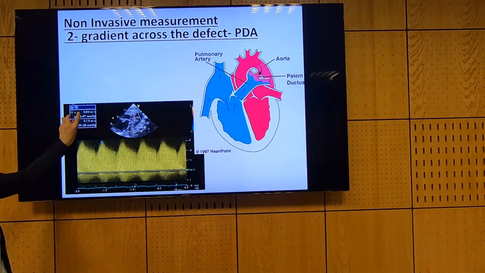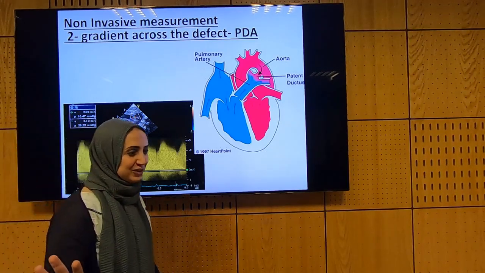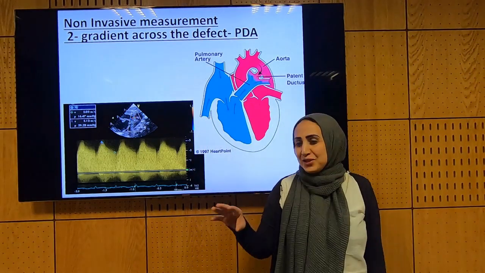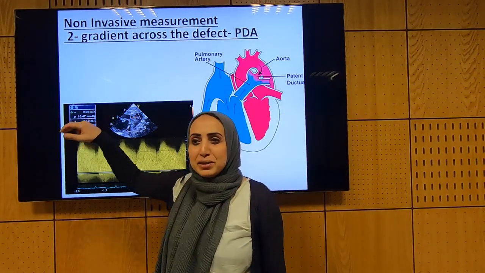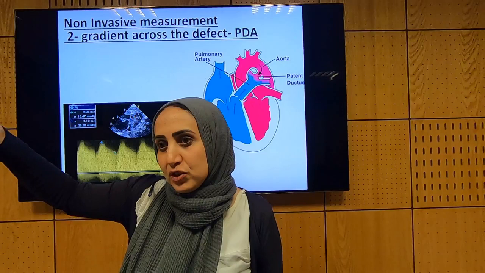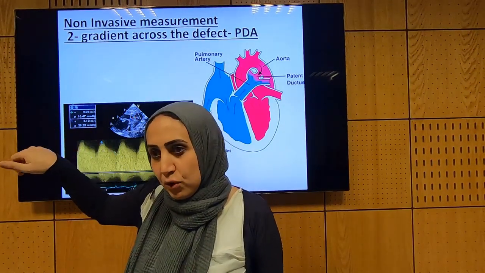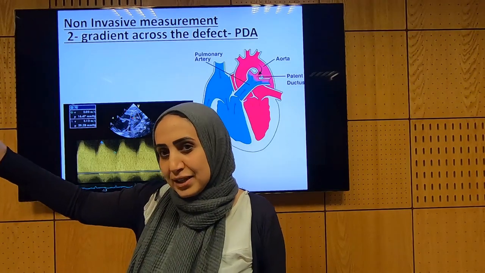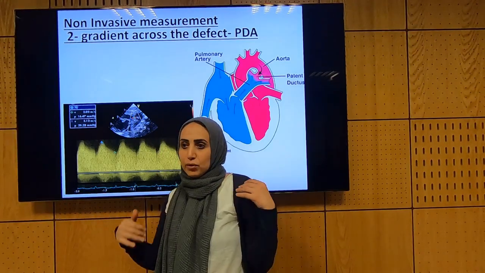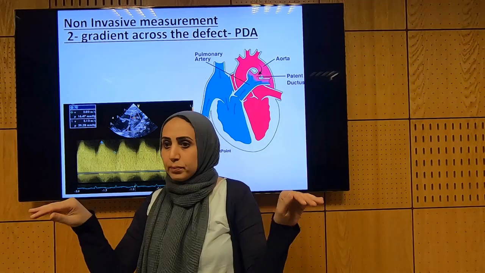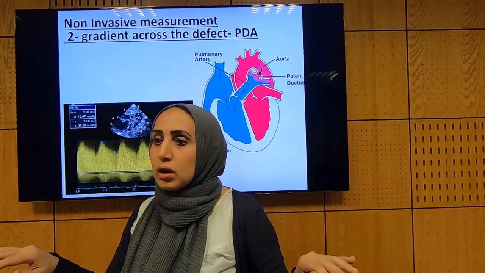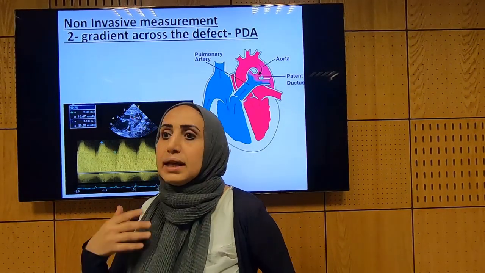So we will not do any more mathematical calculation. In systole you have 3 multiplied by 3 multiplied by 4, which is the pressure gradient. And in diastole it is 2 multiplied by 2 multiplied by 4, the pressure gradient during diastole. You subtract that from the systemic blood pressure, and you get the pulmonary artery pressure during systole and during diastole.